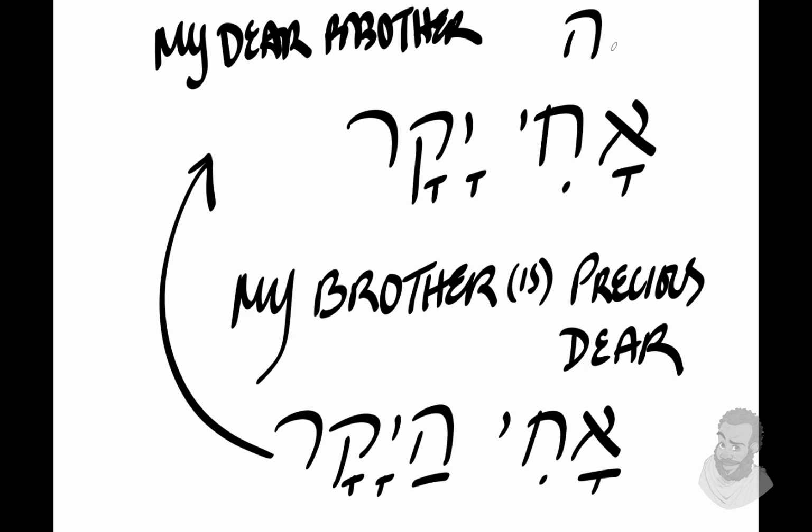The. So ahi, the yakar. So my brother, the precious one. That's saying my dear brother. My dear sister will be Ahothi hayekara. My sister, the dear one. If you want to say my brother is precious, there is no hey hayadia there.